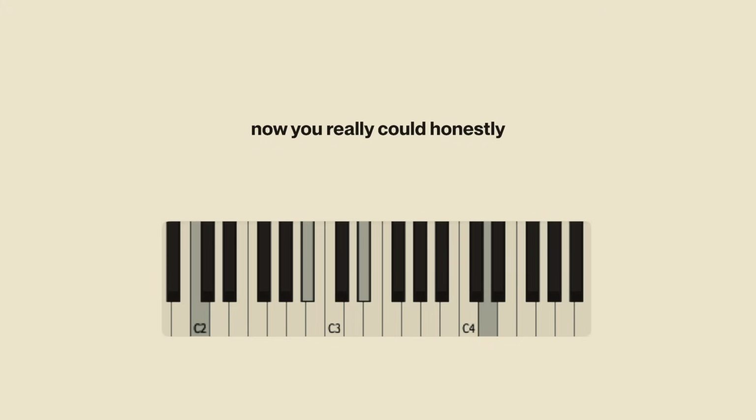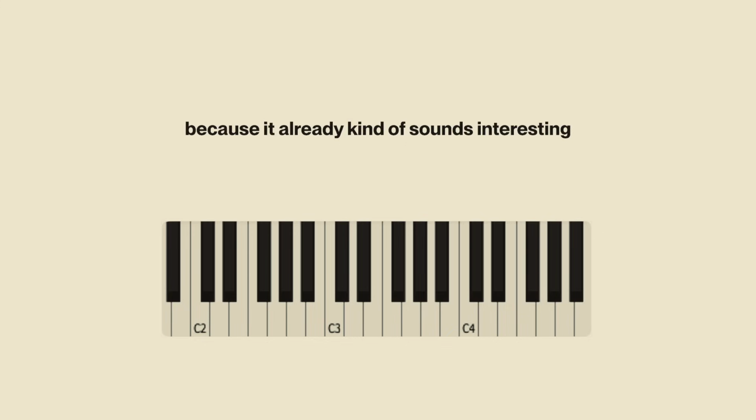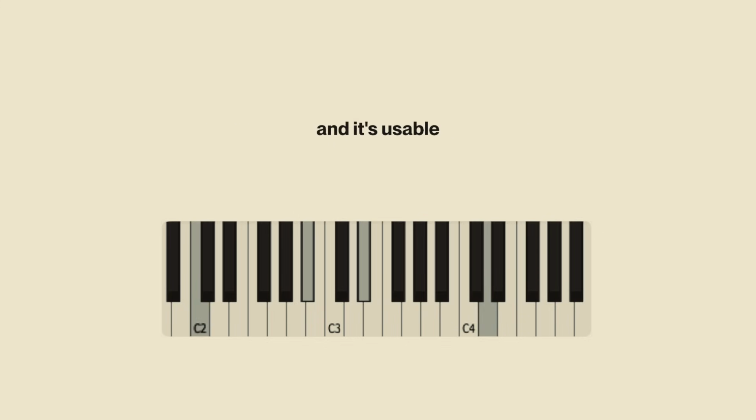Now you really could honestly stop here in terms of your voicing, because it already sounds interesting and is usable. Now this still is a C minor 9, and the reason why we don't have to add the fifth, or the reason why the fifth is not as important as the third and the seventh, is we're already hearing the fifth in the bass note.